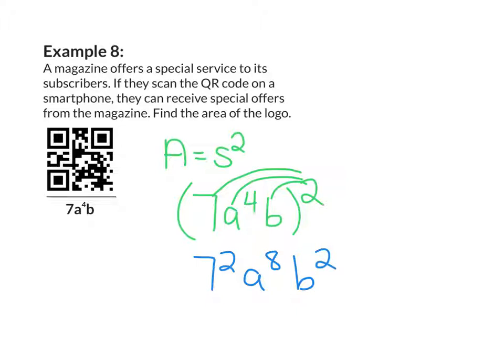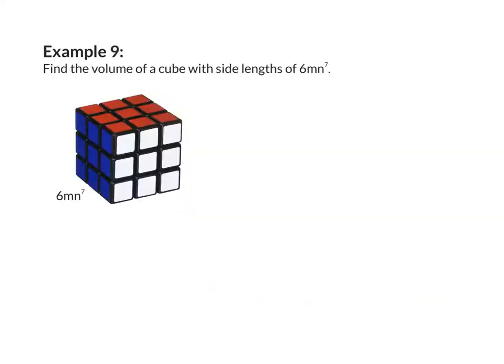And then I'm going to continue to simplify, because 7 squared is 49. And then I have a to the 8th power and b to the power of 2. So my answer would be 49a to the 8th power, b to the power of 2.